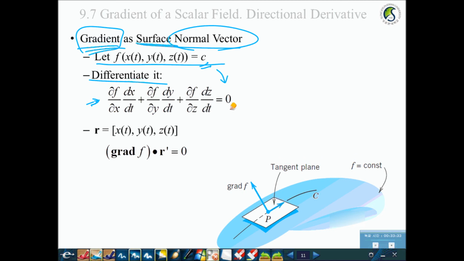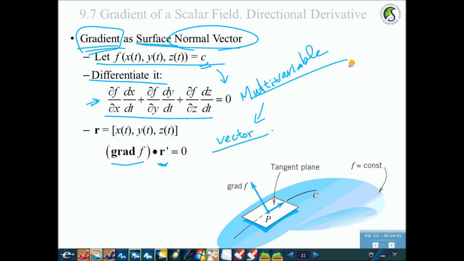Let's investigate this term. This is nothing but the gradient of f dot product with r prime. This is an interpretation of multivariable calculus extended to vectors.